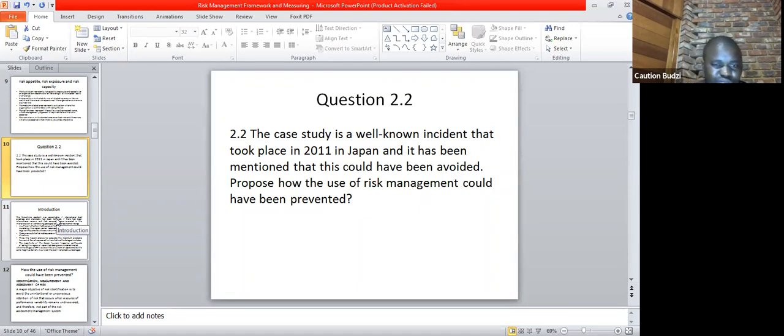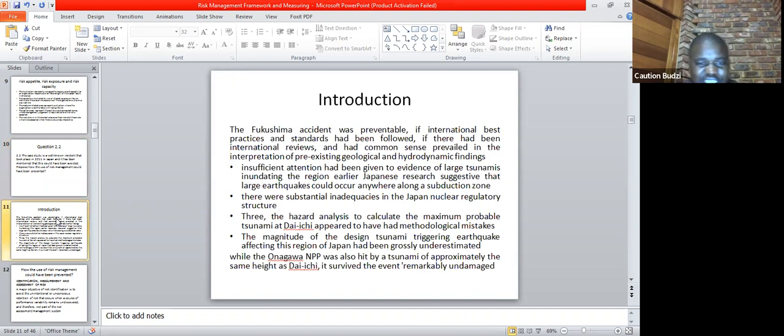So, as an introduction, you can start by highlighting a few points on the background of the disaster. The Fukushima accident was preventable if international best practices and standards had been followed, if there had been international reviews, and had common sense prevailed in the interpretation of pre-existing geological and hydrodynamic findings.